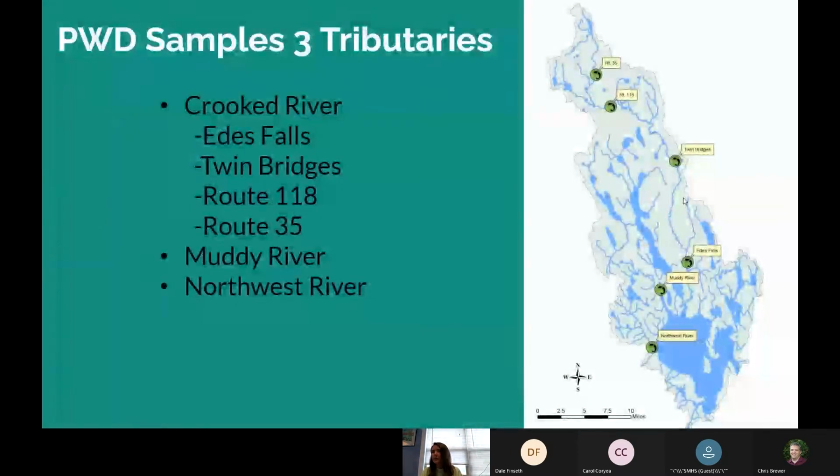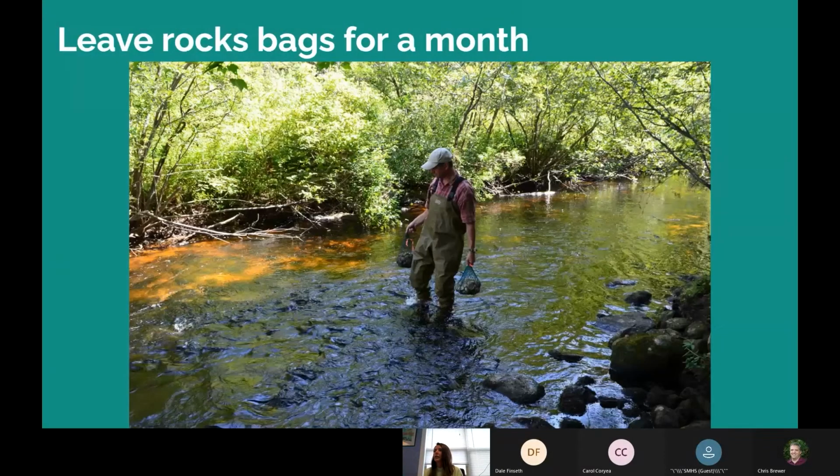So there's a couple different ways that we can measure the macroinvertebrates that are living in a stream. We know that most of them will be living in areas where there's ripples and a lot of oxygen mixing into the water. And they also prefer a rocky bottom in a stream.